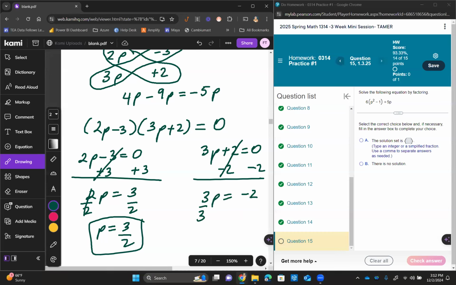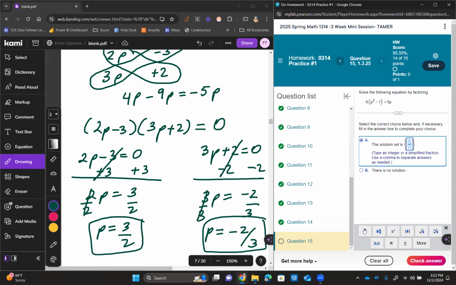Then we're going to have to divide each side by 3. So this gives me p is equal to negative 2/3. So this question has two solutions. We will tell them that one solution is 3 over 2, and then the other solution is negative 2 over 3.